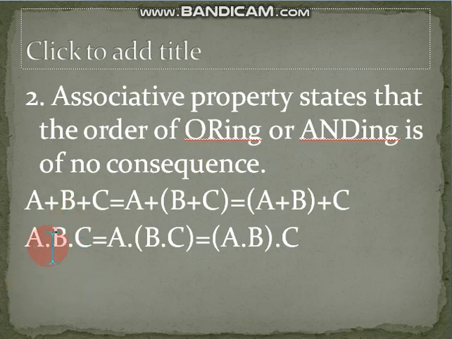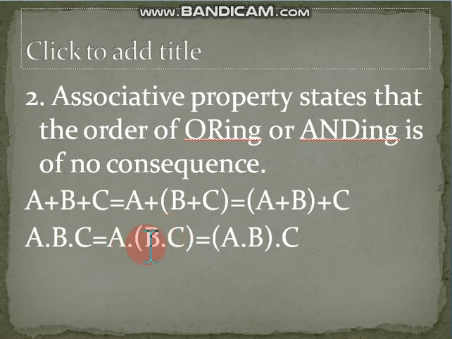Same here if you use the AND gate. If you do A and B and C at the same time, it will give you the same results. If you start with B and C first, since we start with brackets, usually in any equation, you start with the brackets off the BODMAS thing. You get rid of the brackets.